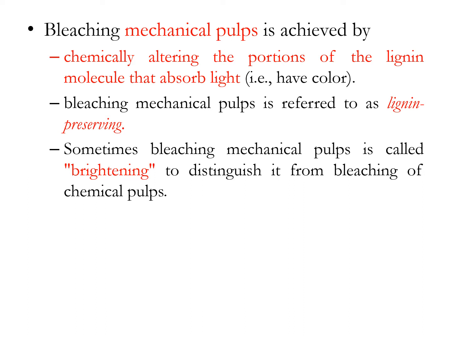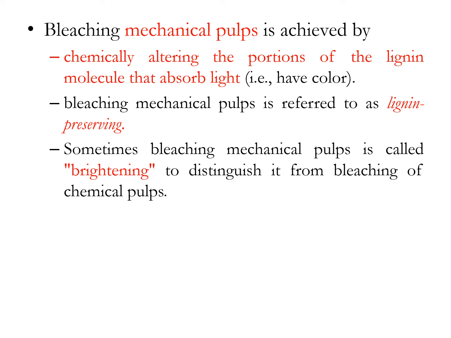Basically, bleaching of mechanical pulps is referred to as lignin preserving, and it is also called brightening, because you are not removing the color imparting material, that is the lignin, rather you are altering it to get higher brightness.